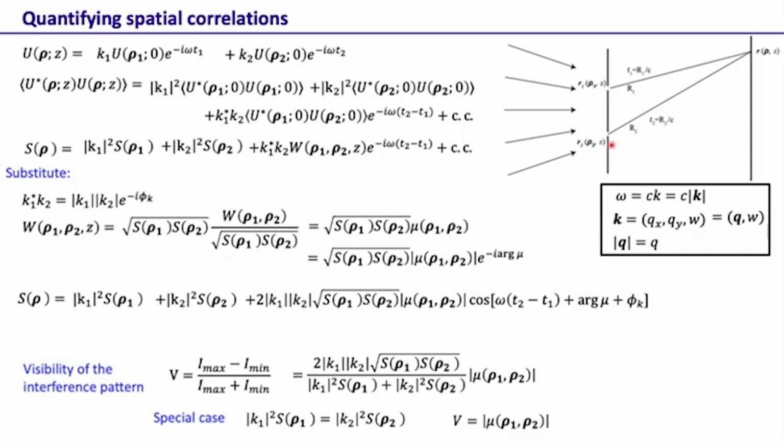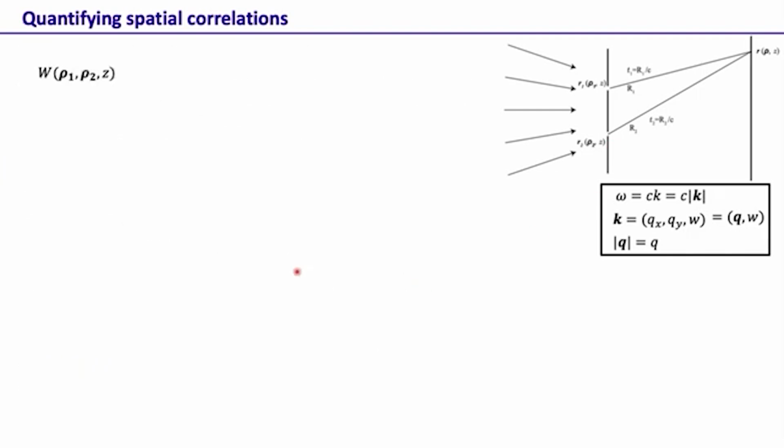Okay, so these are the basic ingredients for quantifying spatial correlation. Now just like in time, where we saw that it is quite useful in classifying and quantifying the coherence in the temporal degree of freedom by looking at the correlation quantity in the frequency basis, here we can do the same thing.